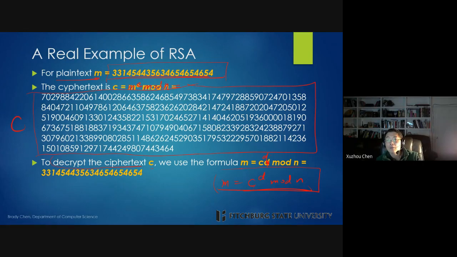And also, if you want to calculate this, you can just check BigInteger. Let me show you what I have now.